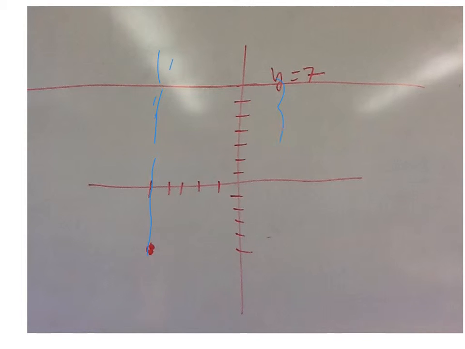I'm seeing a distance of 12, so if I come up 6, that would put the vertex right there at the point negative 5, 1. And that parabola is going to look something like this.